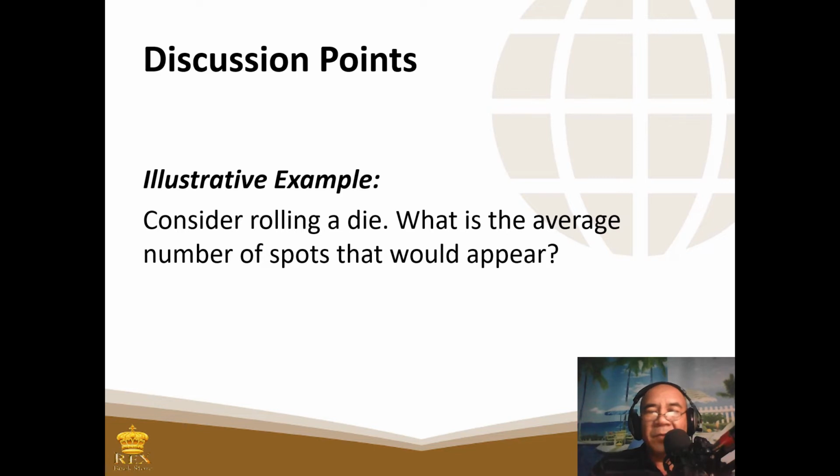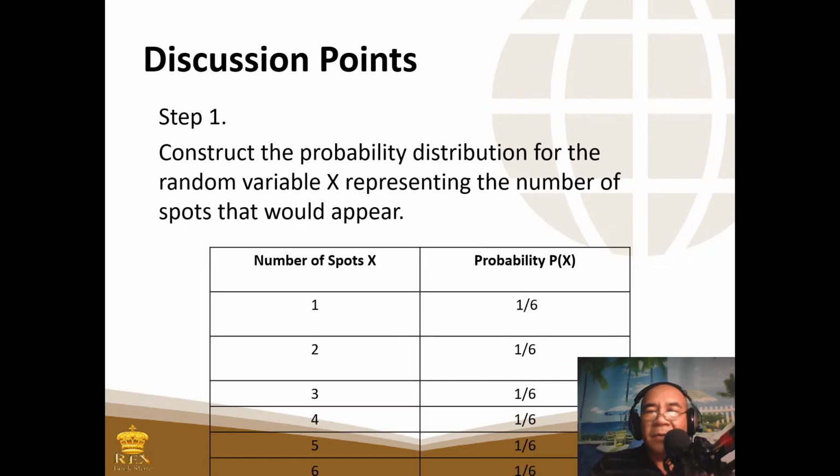So we are familiar with a die. The first step is to construct the probability distribution for the random variable x, representing the number of spots that would appear. Of course, there are 6, and we put a notation of x for those spots.